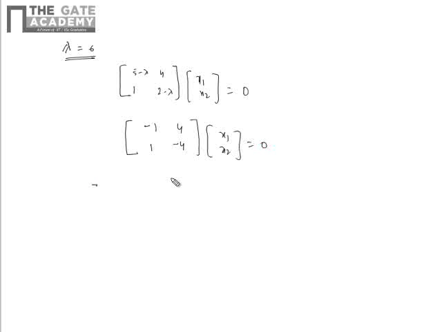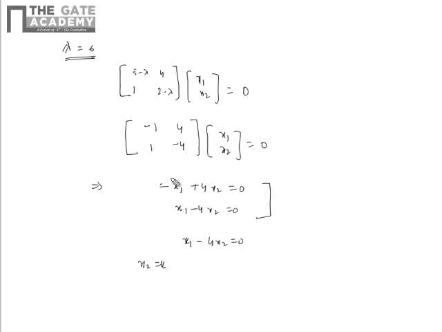So if you expand this, you get two equations: minus x1 plus 4 x2 is equal to 0, and x1 minus 4 x2 is equal to 0. They are not independent; if you multiply the first equation by minus 1, you get the second equation. So the general equation is x1 minus 4 x2 is equal to 0.